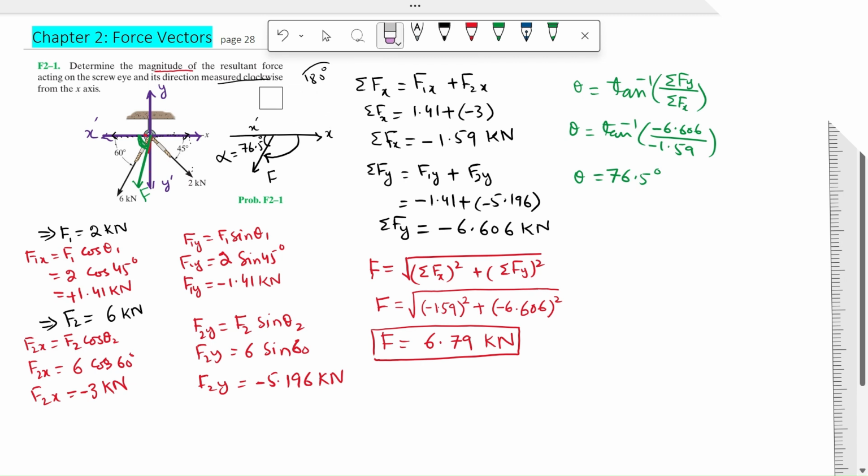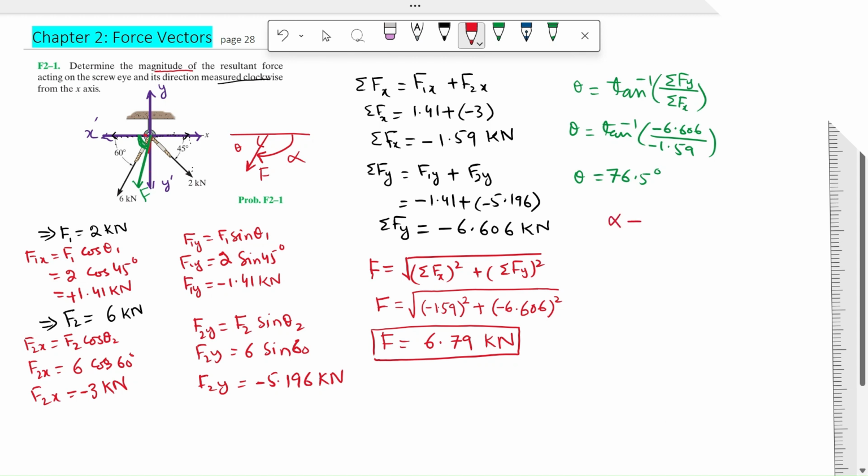So I'm repeating what we'll be doing here. We have this resultant force and this angle, which I named theta, which is 76.5 degrees. We need this other angle, which I'm naming alpha.